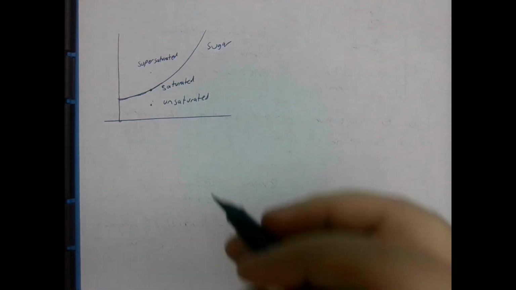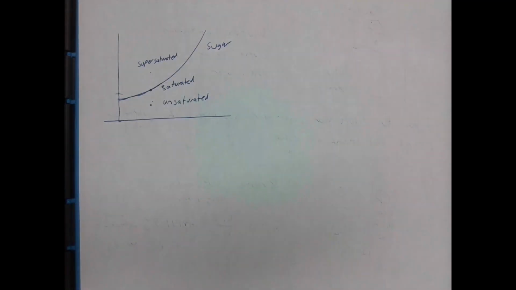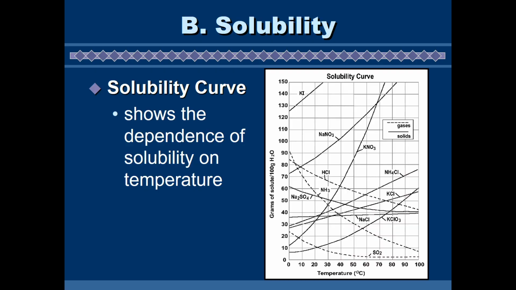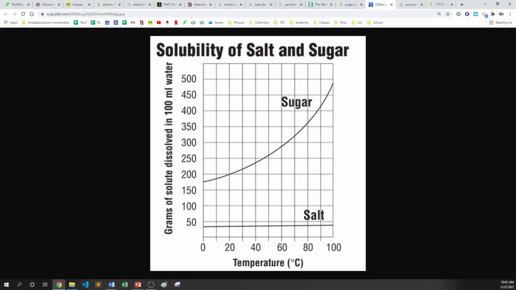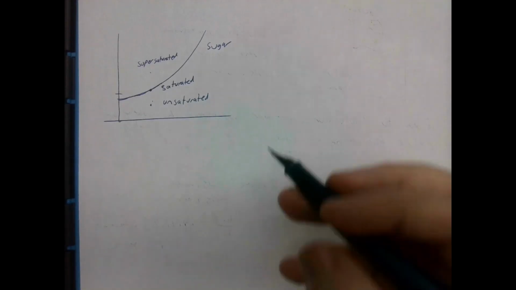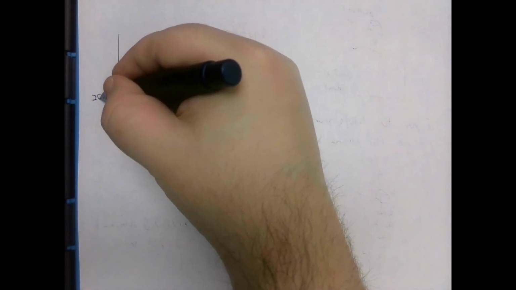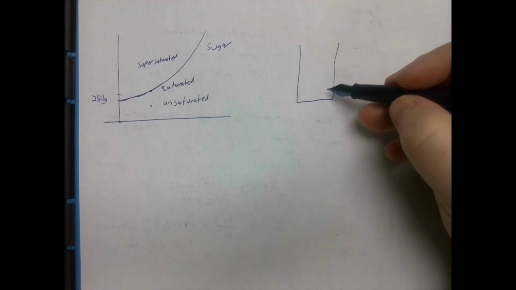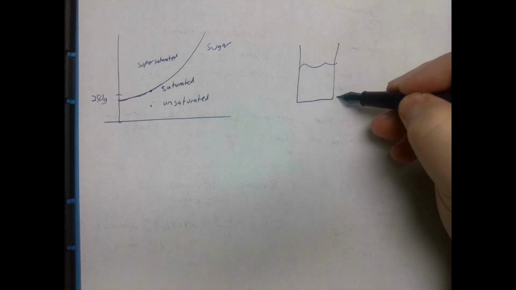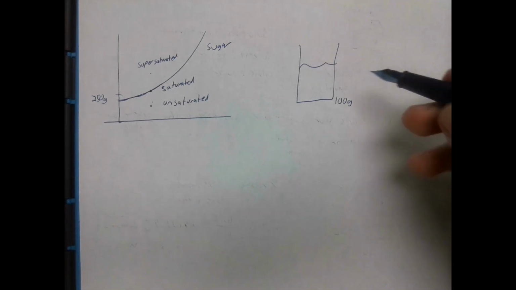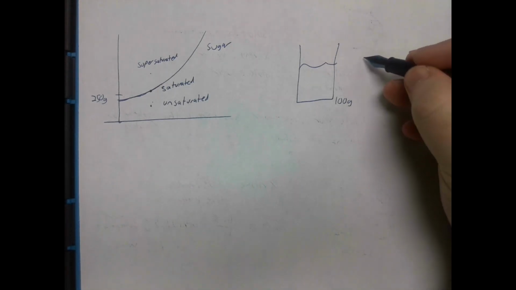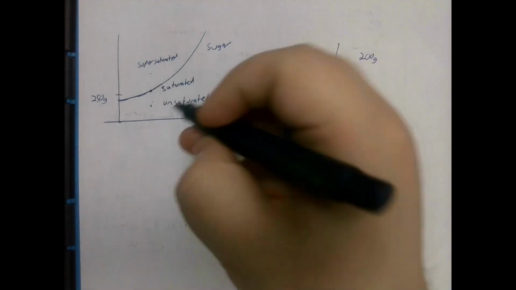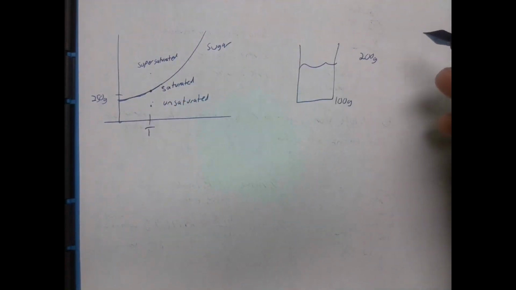Now then, let's say that this line right here is 250 grams. What would happen if I have 100 grams of water and I put in 200 grams at this temperature right here?